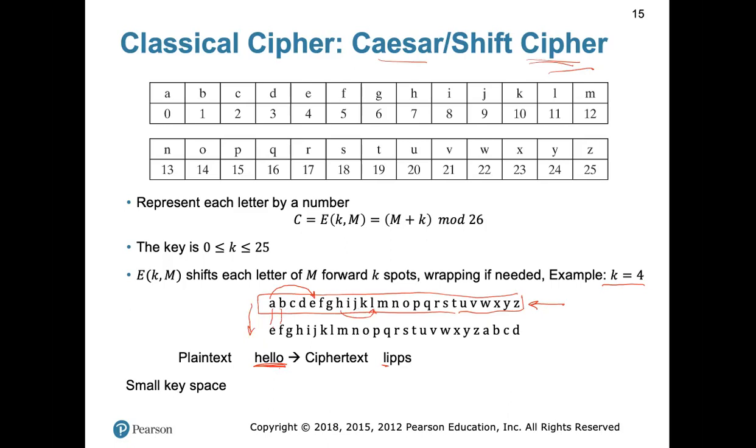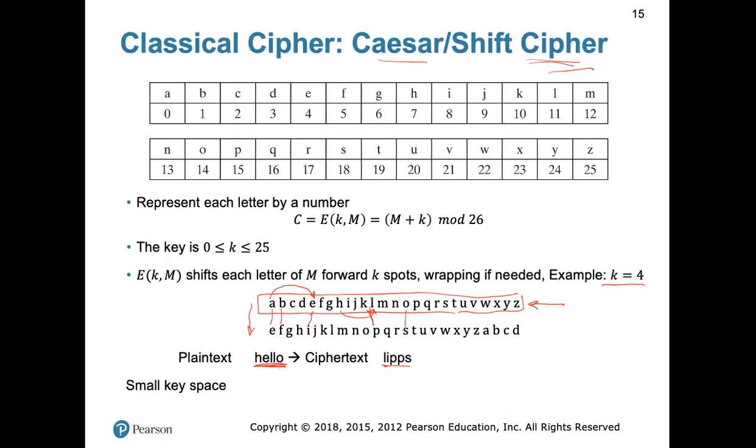E here should be mapped to I. If we go one by one, L should be mapped to P, so we have two P's, and finally O should be mapped to S. So instead of hello, we get LIPPS.